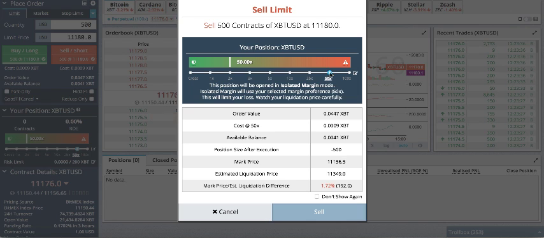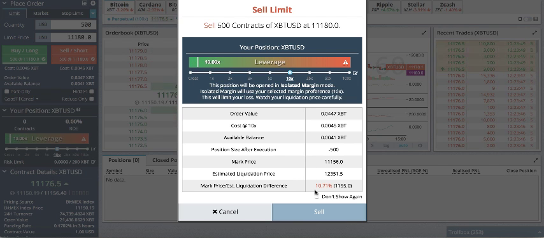So let's compare the leverage if we were to go to 10 times leverage. Let's see how that's going to change. If you go to 10 times leverage, now you have a leeway, if you will, of 1,195 points. It's almost impossible to time your entry perfectly at times.